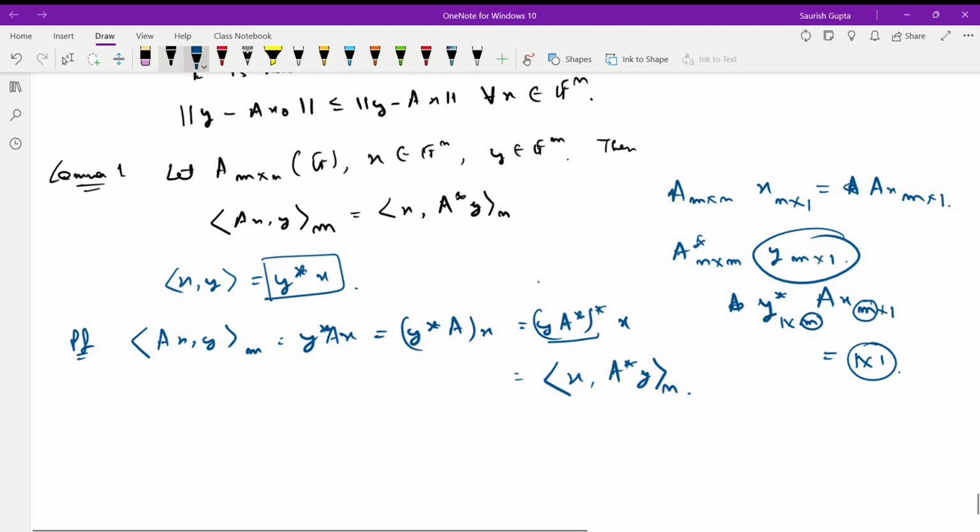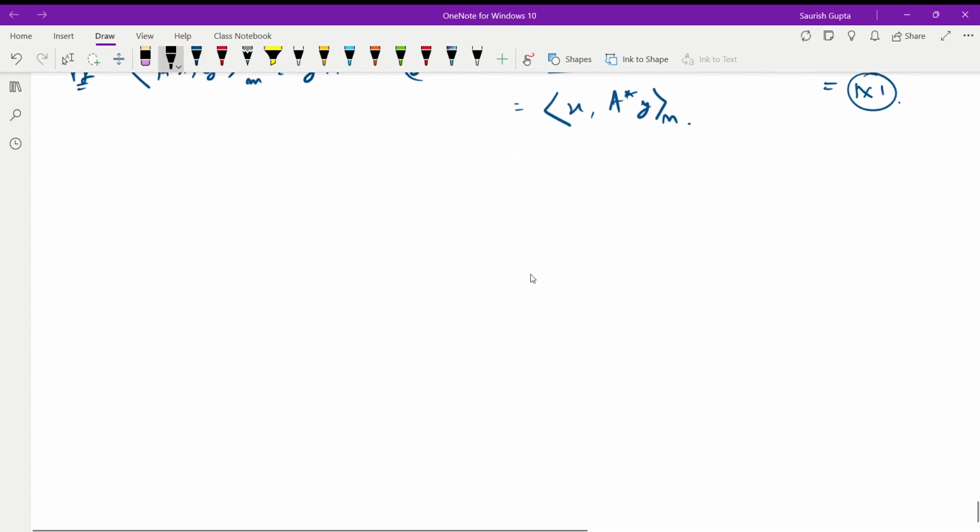Okay, so this is one very simple lemma. The next lemma I would talk about, let me write it as Lemma 2.